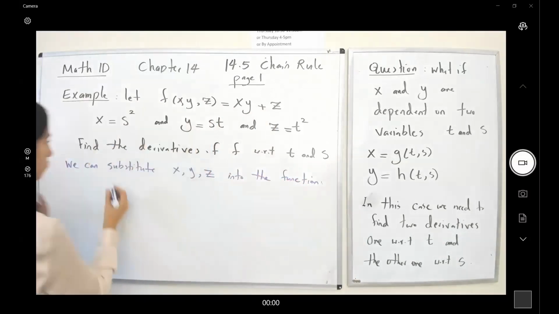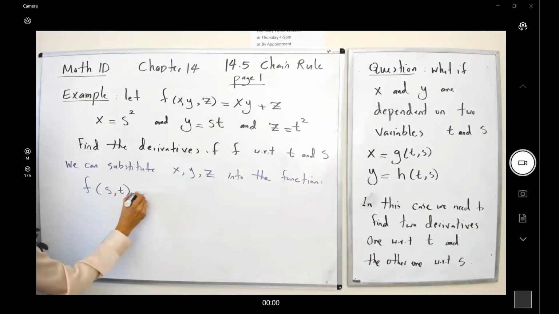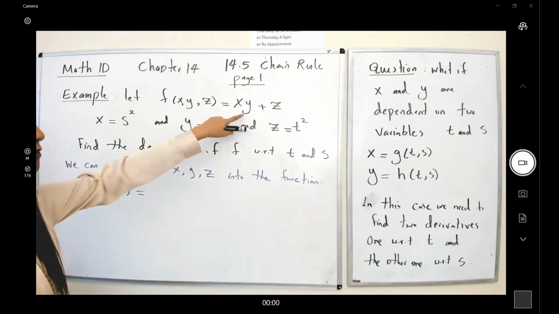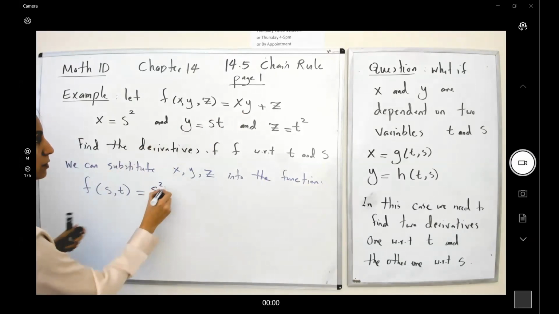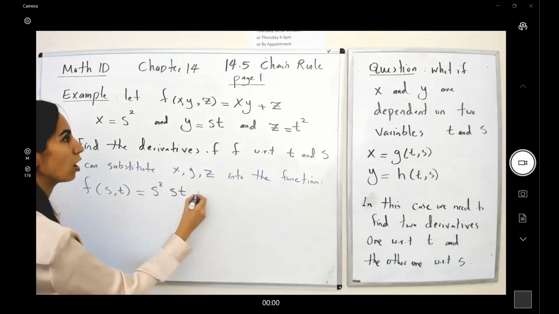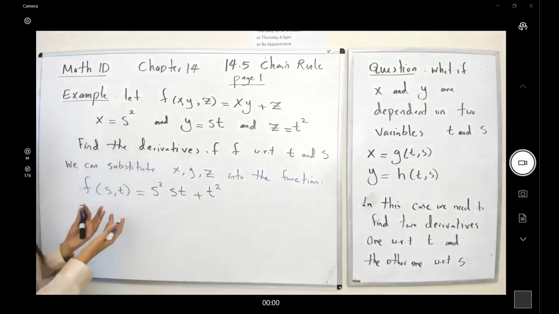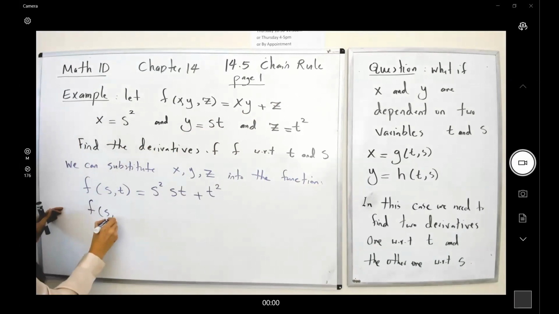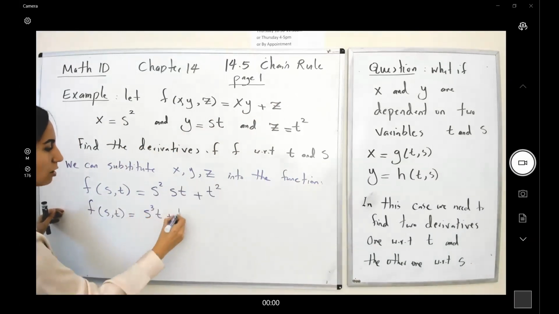What do you get? You get f of s and t equals, here you have x times y. X is s squared, y is st, plus z, which is t squared. So your function of s and t is s cubed t plus t squared.